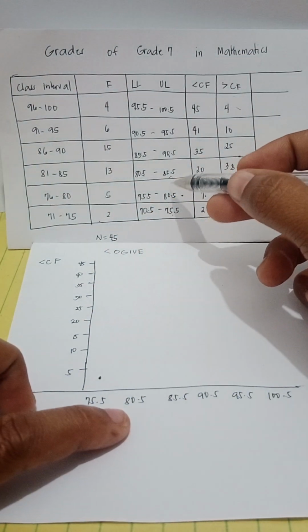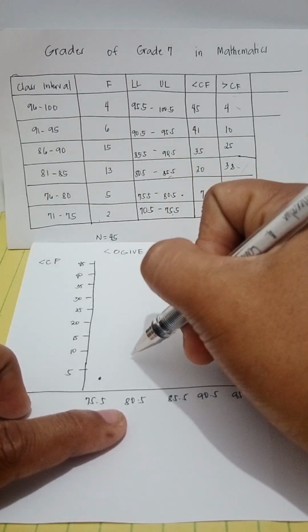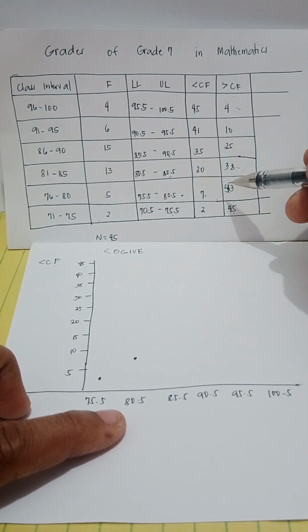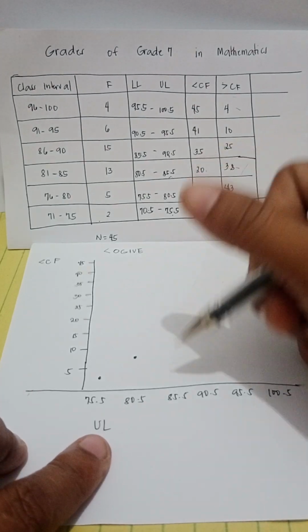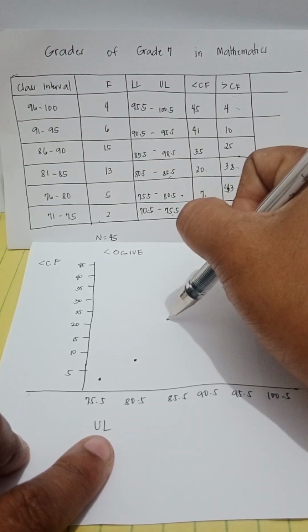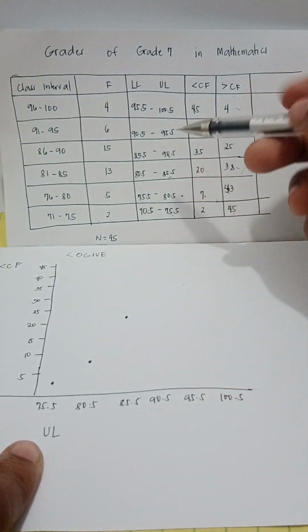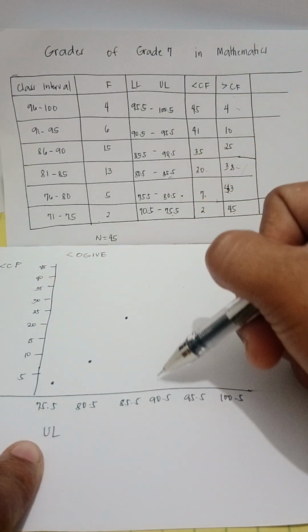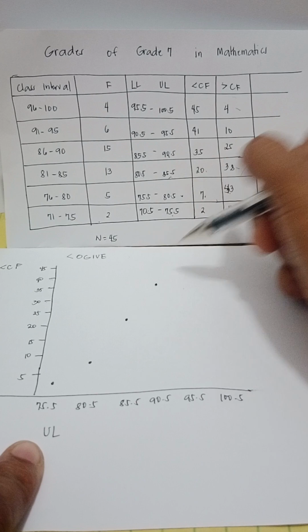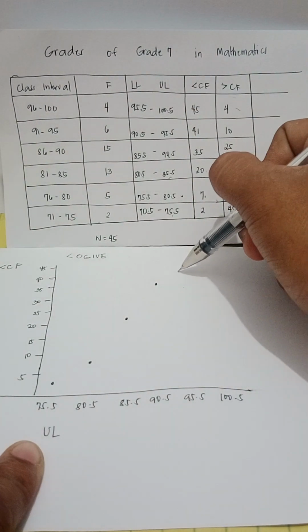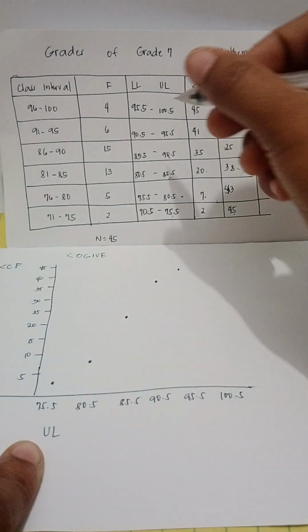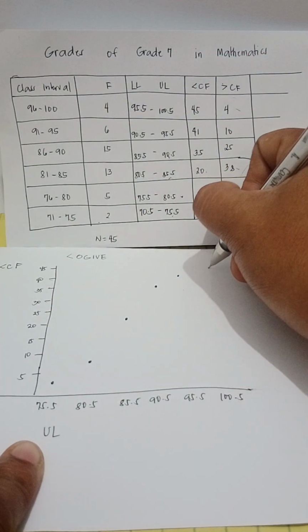For 80.5, that is 7. For 85.5, that is 20. For 90.5, that is 35. For 95.5, that is 41. And for 100.5, that is 45.